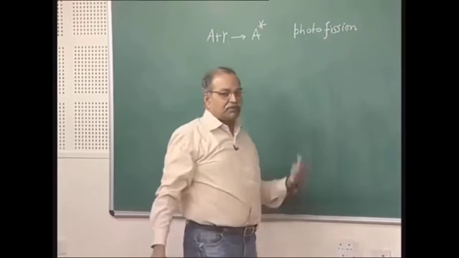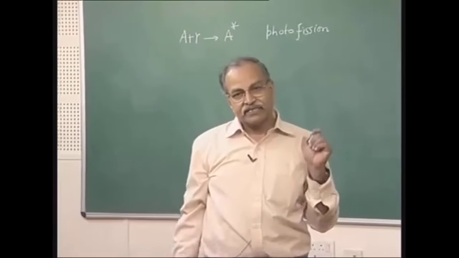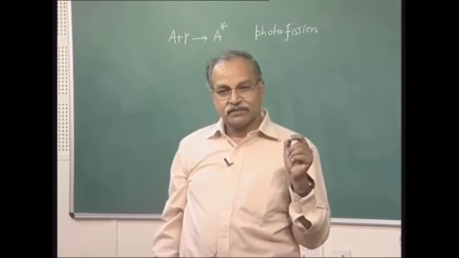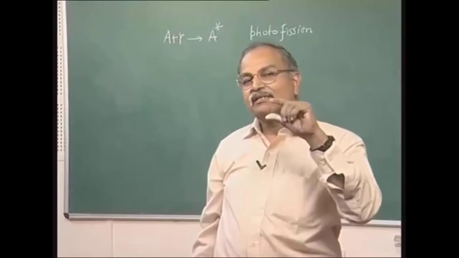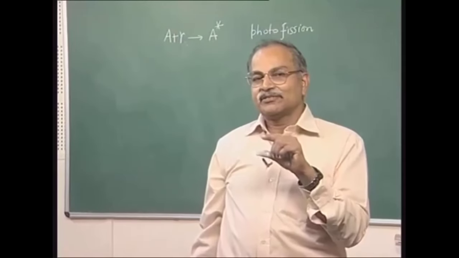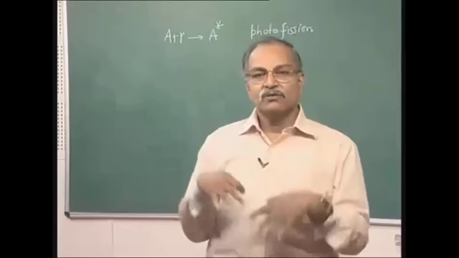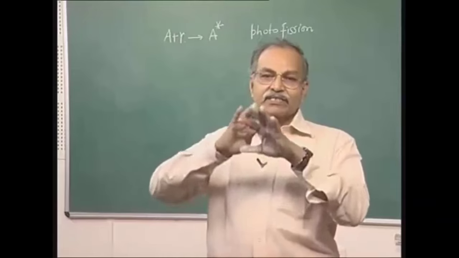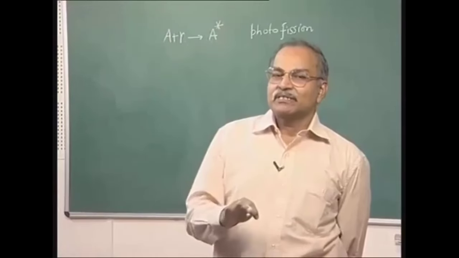So, fission by photons, fission induced by photons, photofission. In fact, this reaction is a very good reaction to experimentally measure the activation energy, because there are no extra neutrons or nucleons we are putting in. It is the same nucleus, we are not changing the nucleus, only energy is being deposited.